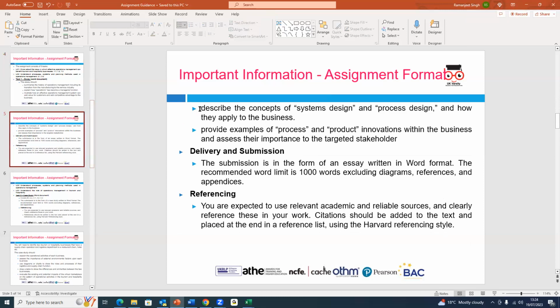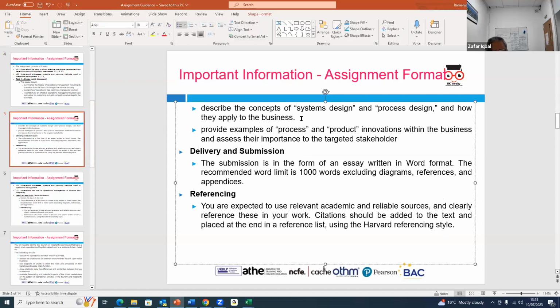Yes, this next bit is you need to describe the concepts of systems design and systems process design and how they apply to business. Systems design: input, process and output. You aware of that?